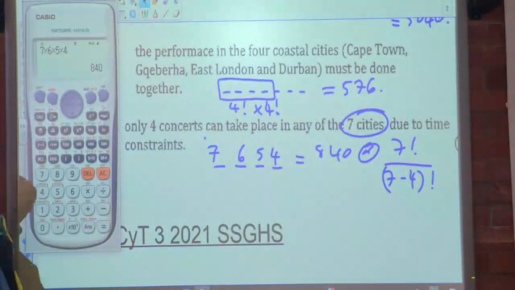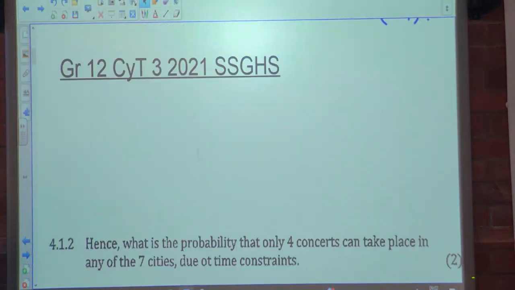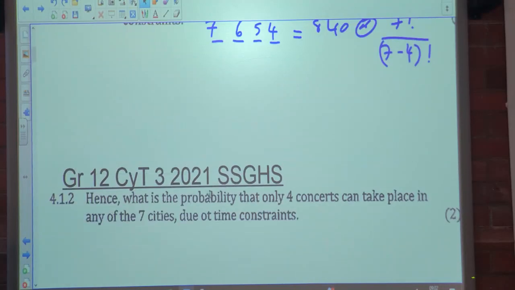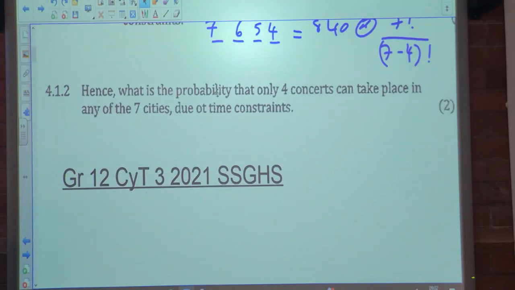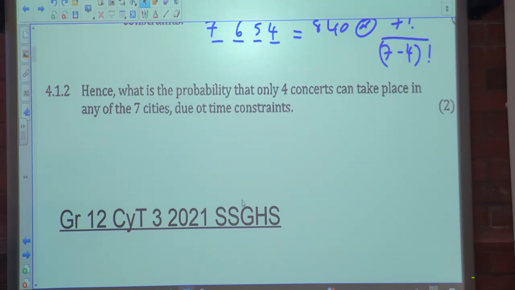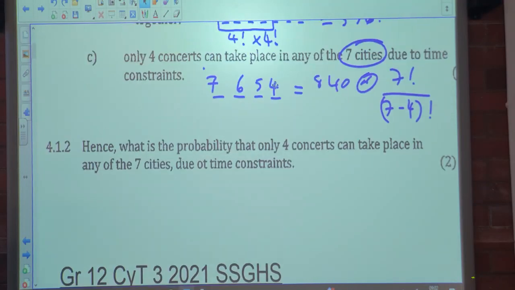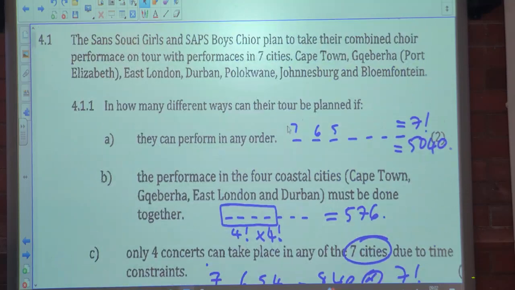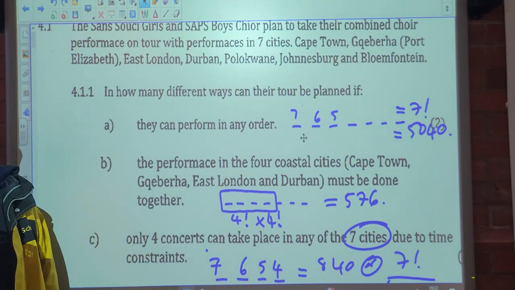Okay, let's look at the next question. We are told: what's the probability that only 4 constants can take place in any of the 7 systems due to time constraint? That is going to be this answer here, which is 840 over the total number that they could have been.